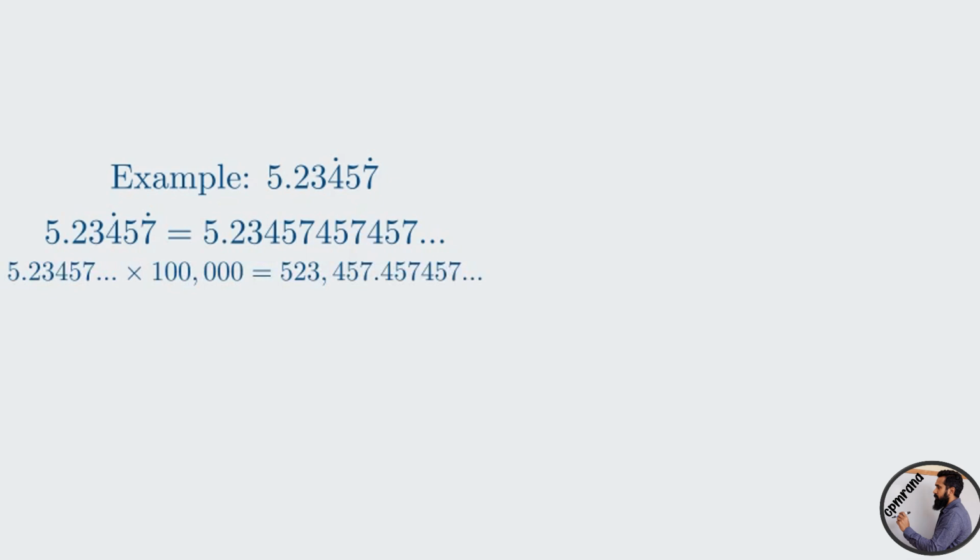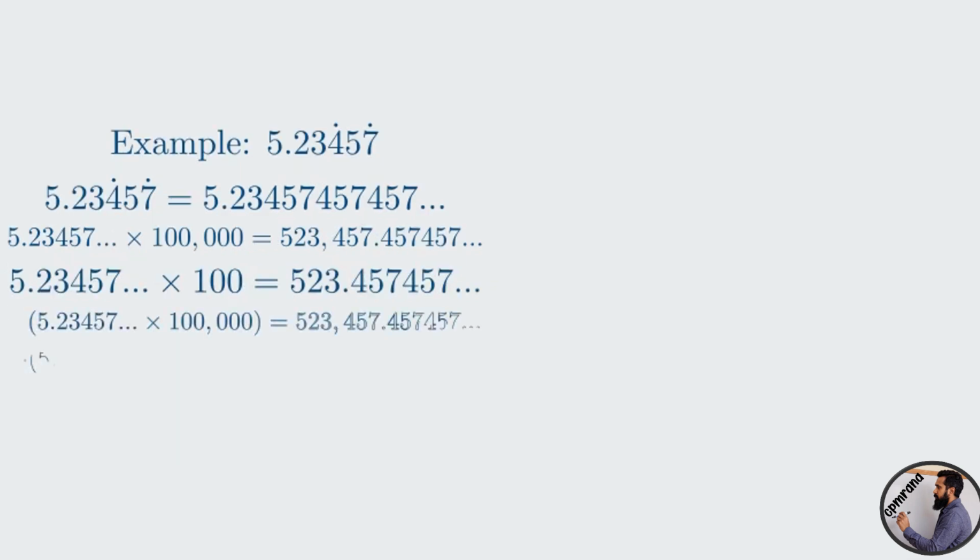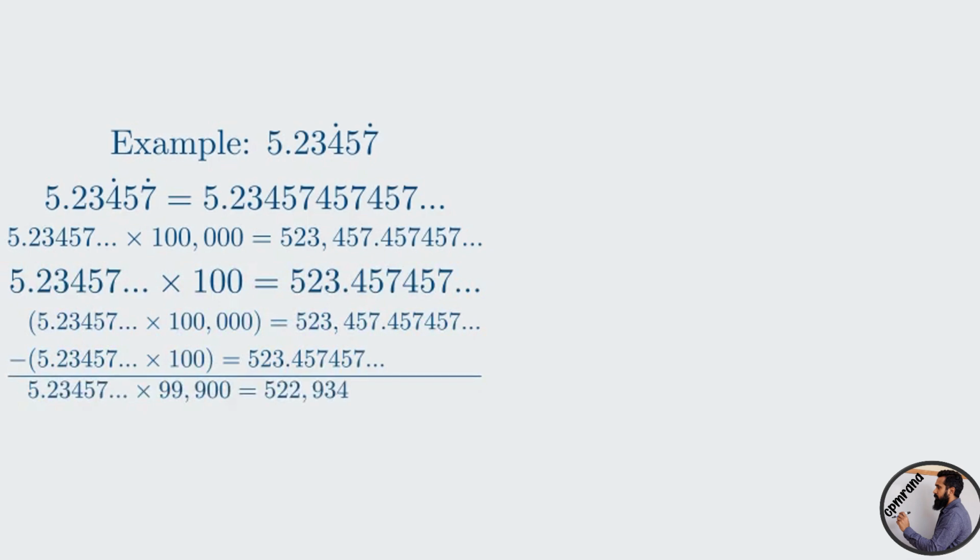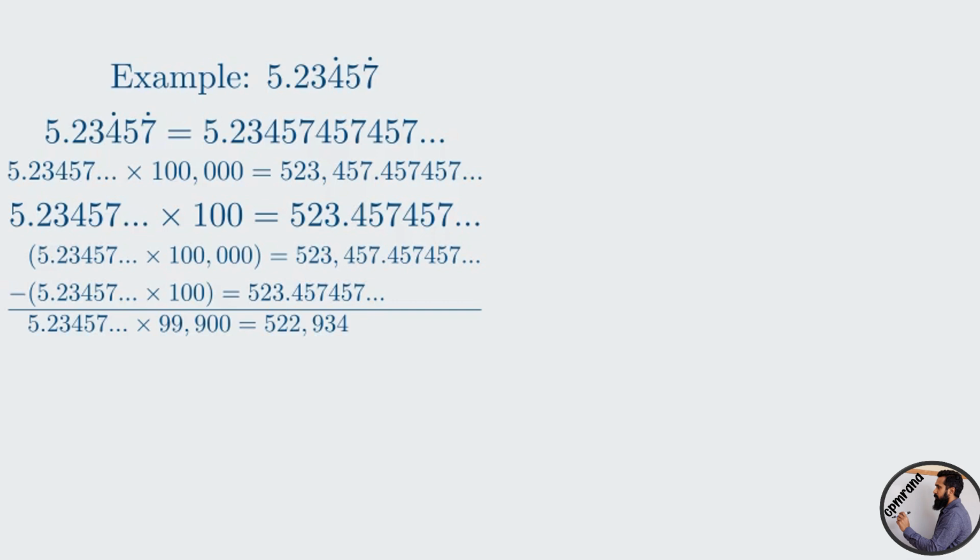Next, we want to move the decimal point so it sits right before the first repeating digit starts. There are 2 non-repeating digits, 2 and 3, so we multiply the original number by 100. Notice that the decimal parts now match exactly. Now, we subtract the second equation from the first. By subtracting, the infinite decimals cancel out perfectly, leaving us with a simple algebraic equation.